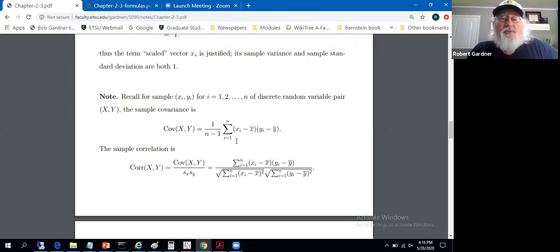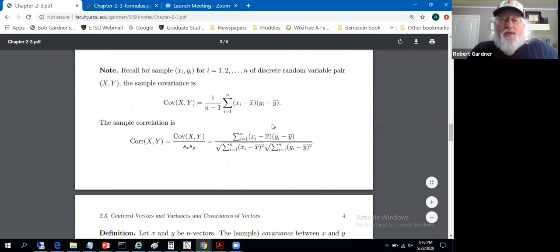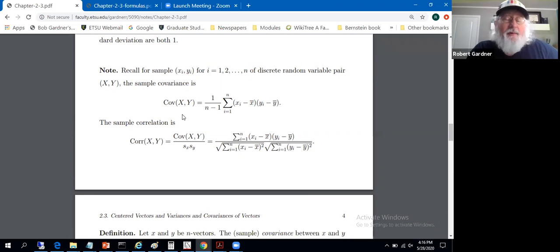Okay, these are the definitions from an introductory statistics course. The covariance, maybe not quite done in our introduction to probability and statistics, but done in one that's slightly more sophisticated. Covariance is defined to be 1 over n minus 1, sum of x sub i minus x bar, y sub i minus y bar.